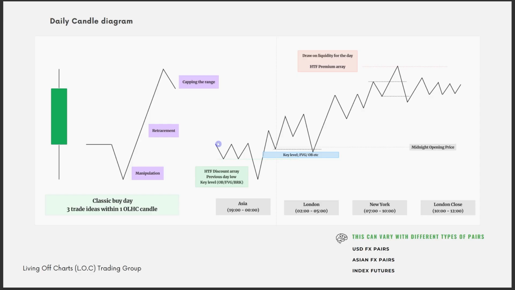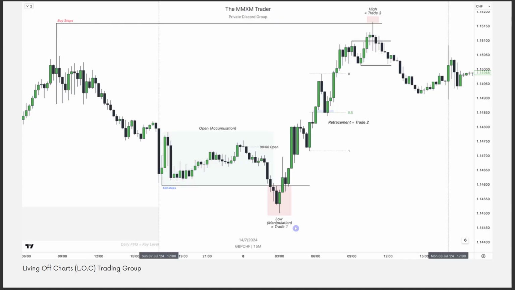Sometimes you can see Asia session consolidate without taking a low within that Asia session itself, and then London session will raid the previous session low, that is Asia session, and then we'll have an expansion. All this can vary with different types of pairs. We have USD FX pairs, we have Asian FX pairs, and index futures. The timing will be a little bit different.